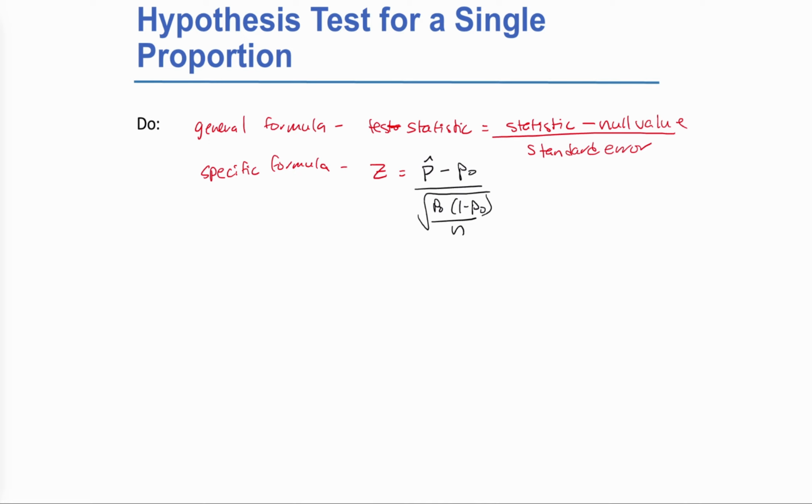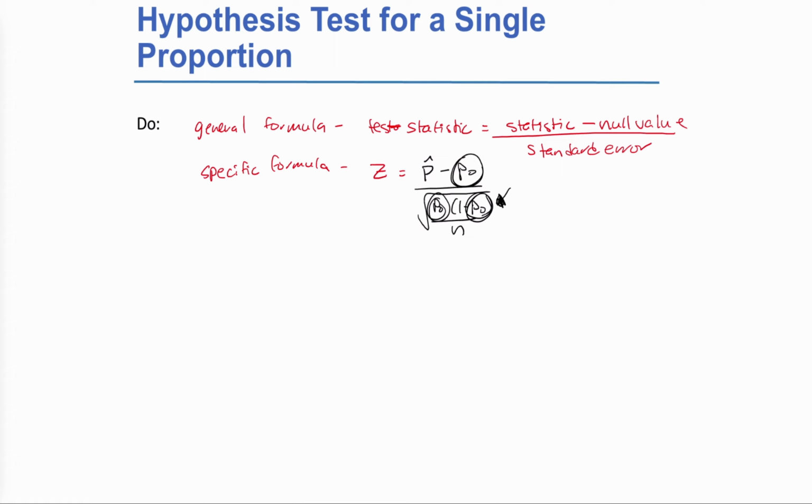And so in this, we're using p0 again instead of p hat to calculate the standard error. For our confidence interval, we used p hat in calculating the standard error. Here, because we're operating under the assumption that the null hypothesis is true, we're going to use p0 instead of p hat for calculating that standard error.